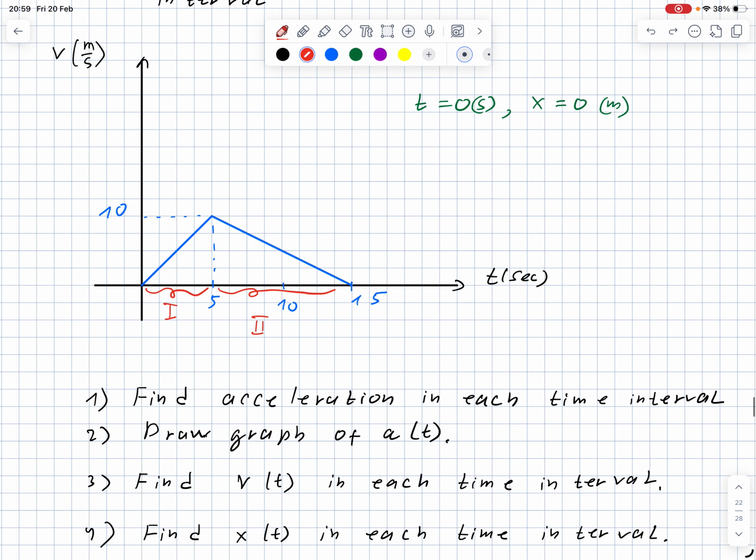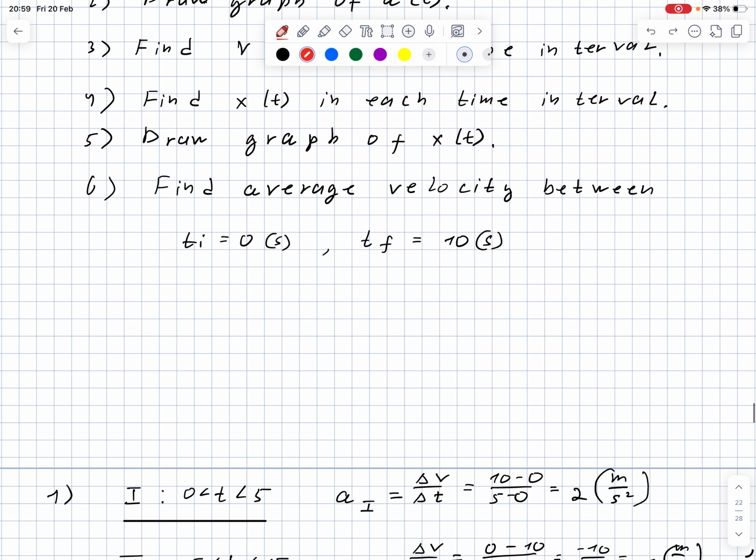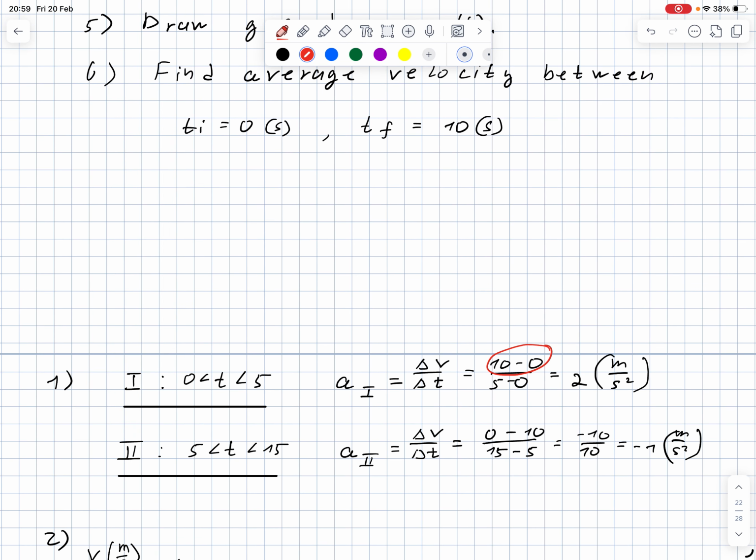We're going to use this coordinate and this coordinate, which means final velocity, which is 10 meters per second, minus 0, as you can see here, divided by final time of 5 minus 0. And eventually the acceleration of the first time interval is 2 meters per second squared.